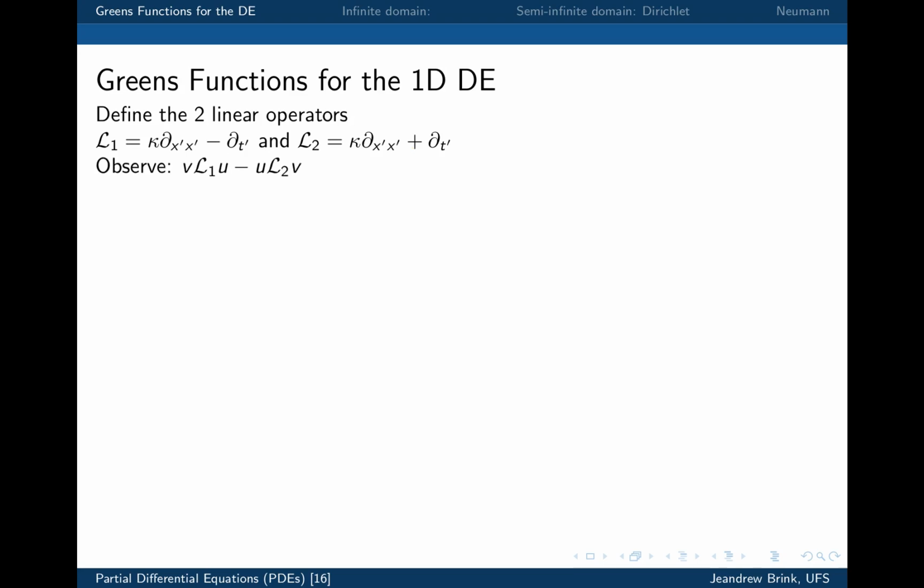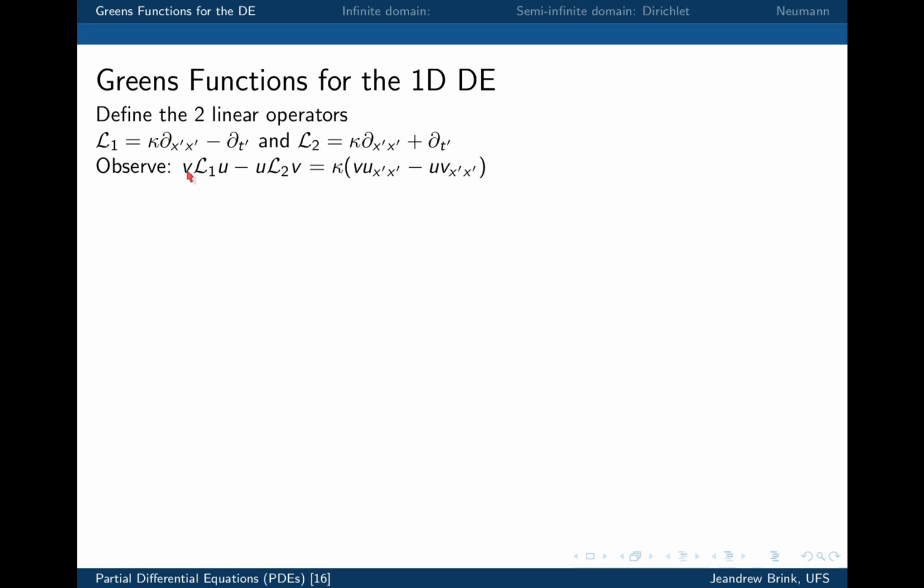The reason is we once again are going to try and make this combination so that we can apply the divergence theorem. And instead of now having the Laplace operator over there, we're going to have this operator we've defined. Notice we're putting the two different operators in. So this guy, L2, is often called the adjoint operator of L1.